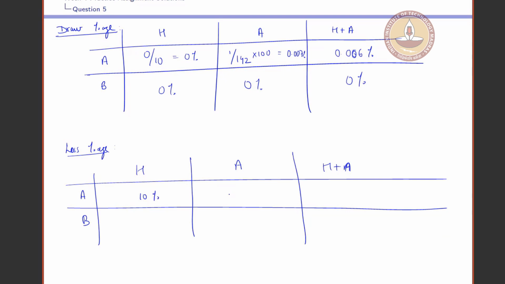In away ODI matches, it's 45.77%, and in home plus away, it's 42.76%. While for Captain B, the loss percentage is 25% in home matches, 58.33% in away matches, and 32.69% in home plus away ODI.